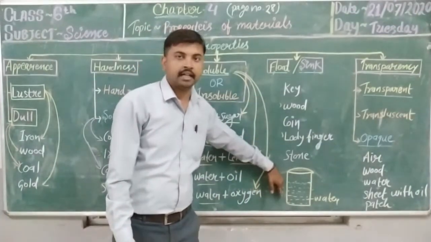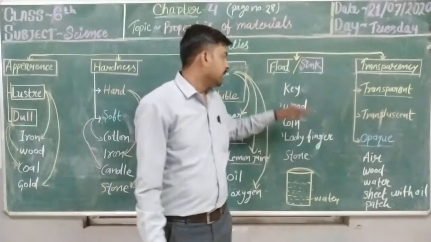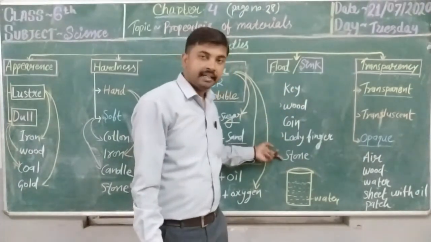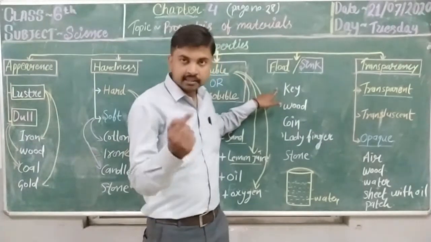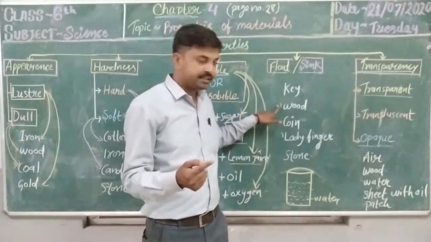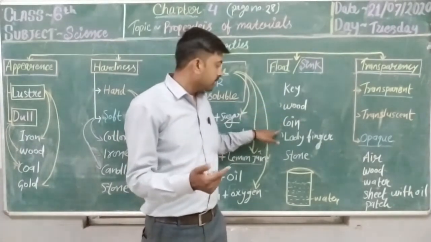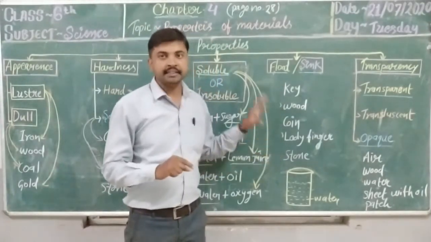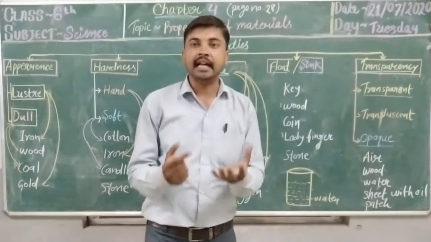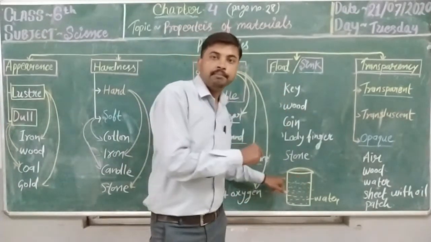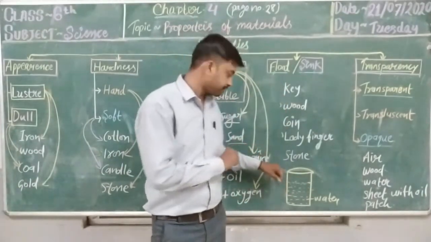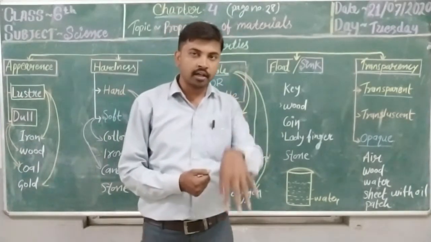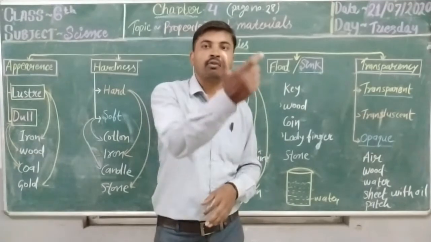We take water in a beaker and take 5 different materials: a key, a board piece, a coin, a lady finger, a vegetable, and a stone. We put these materials into the beaker of water, and we see which substance sinks into the water and which floats on the water.